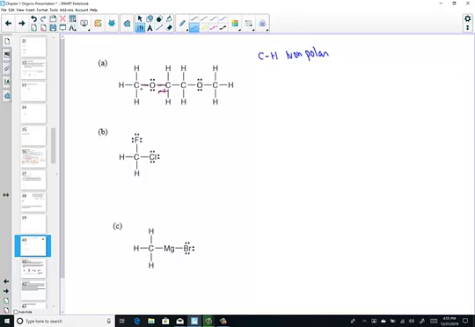The oxygen would be electron rich, so I can see the partial negative on oxygen and each of these partial positives on the carbons. This is a mirror image. We have a carbon to oxygen bond here, making this bond electron deficient at the carbon and electron rich at the oxygen.